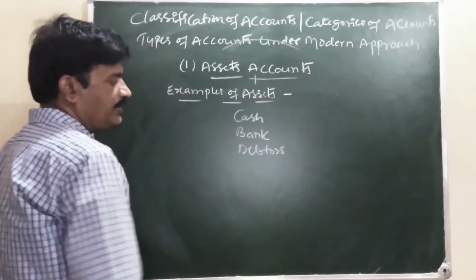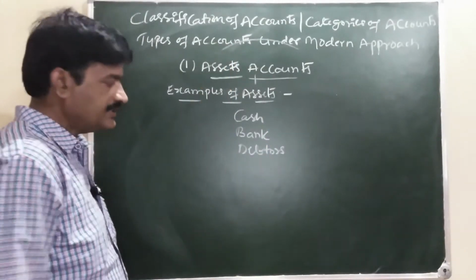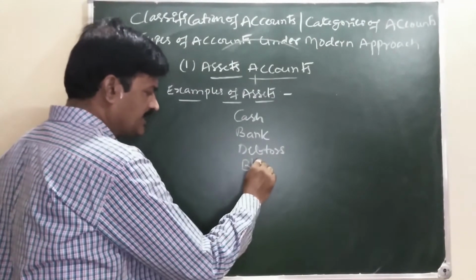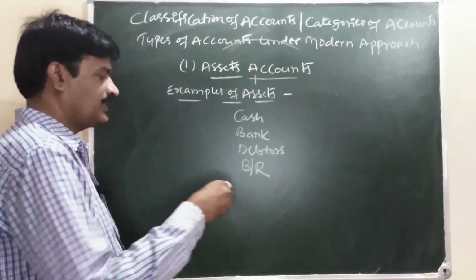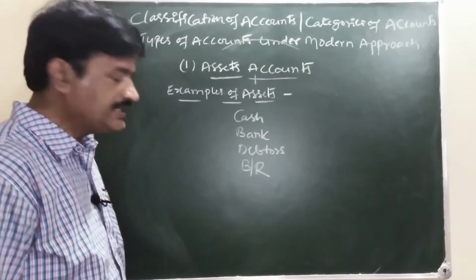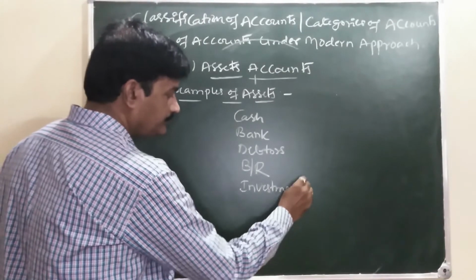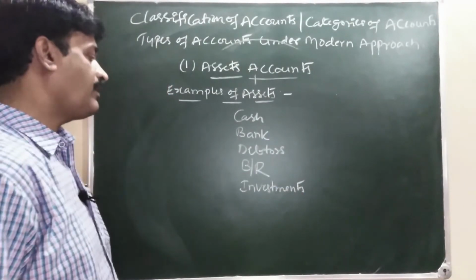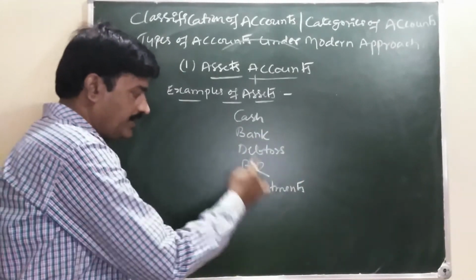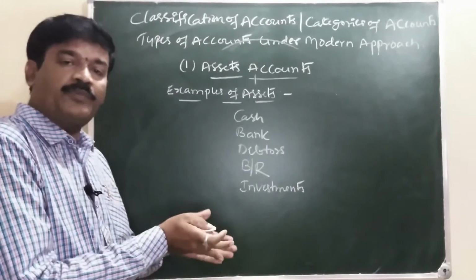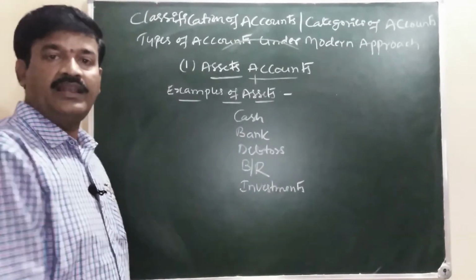Debtors, due from customers, come under assets. Bills receivable, that is due from customers on the basis of bills. Investments. Investment of money outside the business is called investment. Investment of money inside the business is called capital.